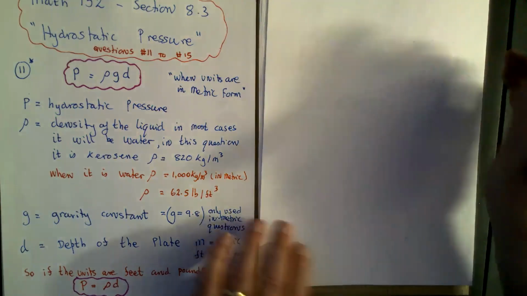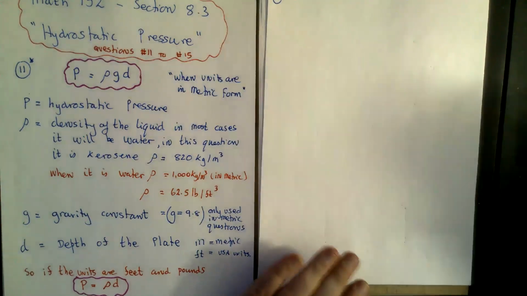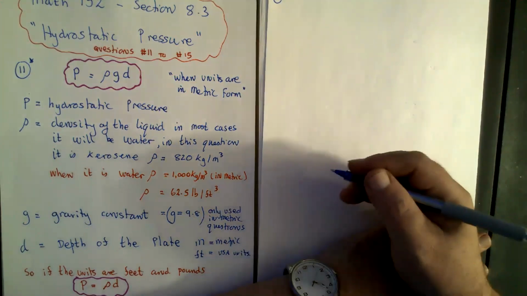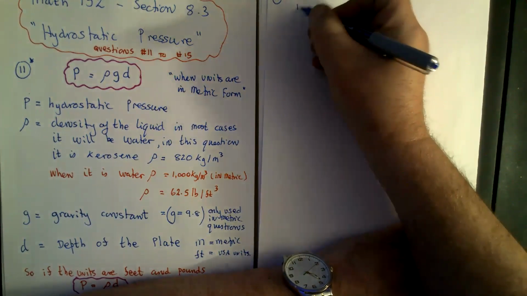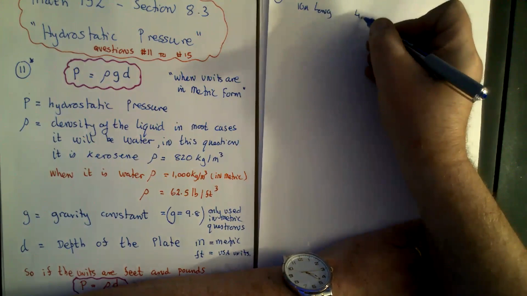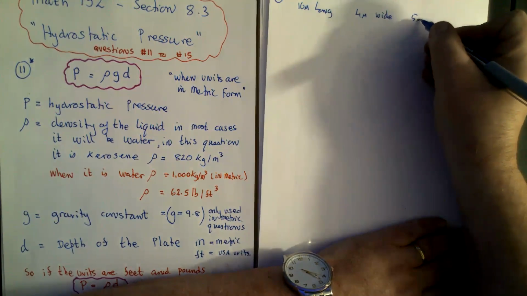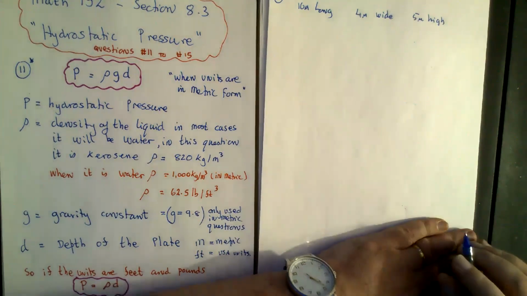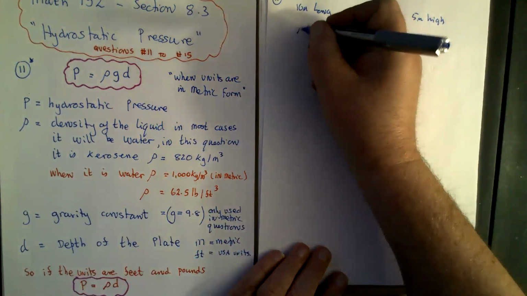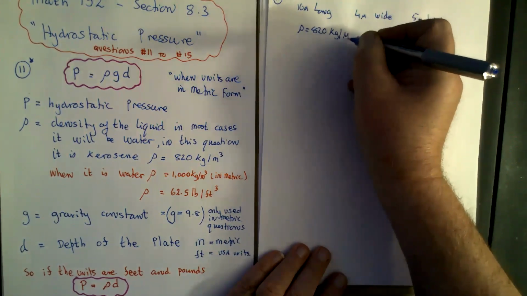It says that you have a tank that's 10 meters long and 4 meters wide and 5 meters high. And it's filled with kerosene, and kerosene has a density of 820 kilograms for every cubic meter.